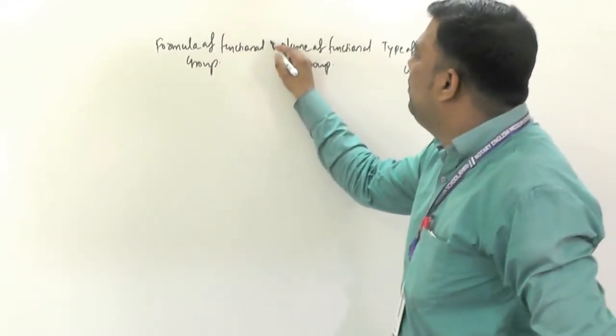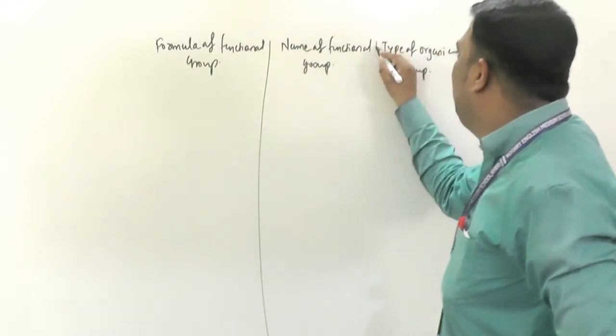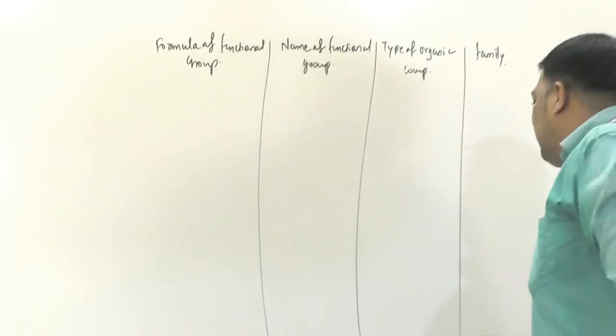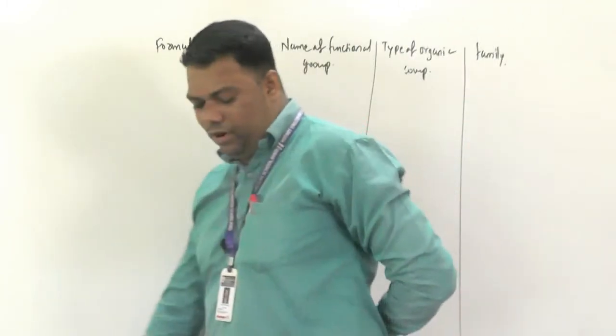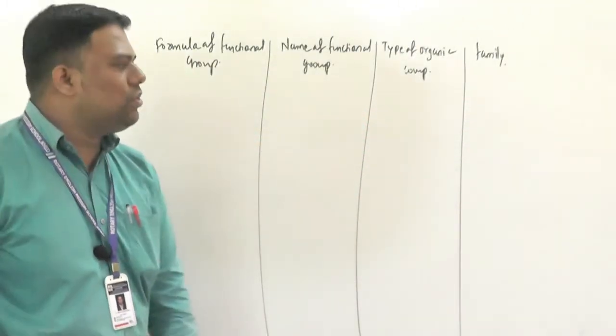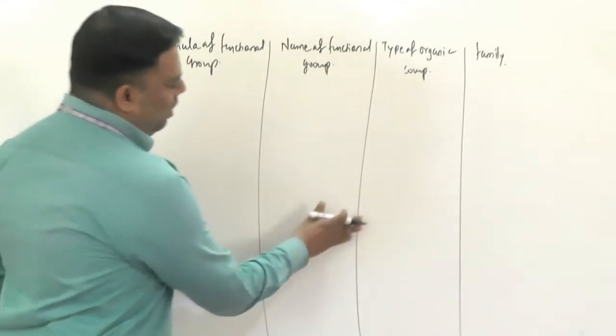So see here, formula, then name, then type, and family.